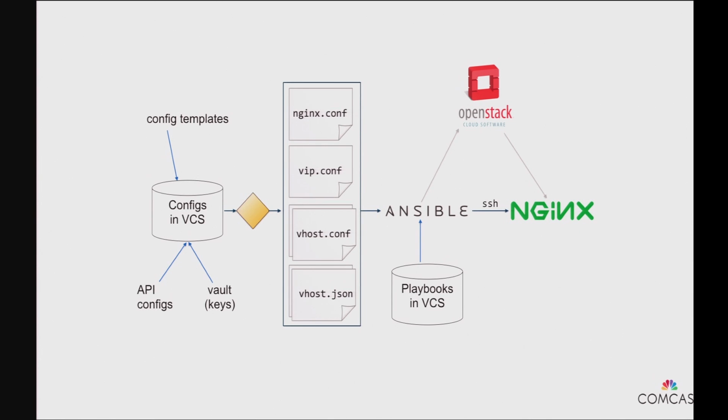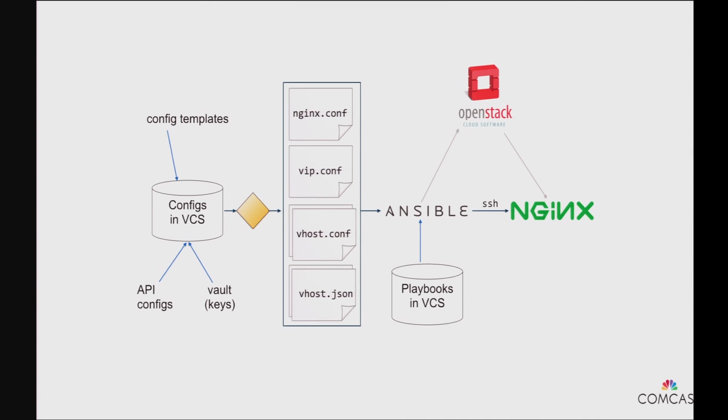We also store the configurations for each API in another repository. And so when we get the templates for what the nginx config looks like, those API configurations and the secrets, so in the case of OAuth 1, every key has a secret to use to sign the request. And for various other things, like for our bearer tokens, there's some keys that we need to decrypt them.